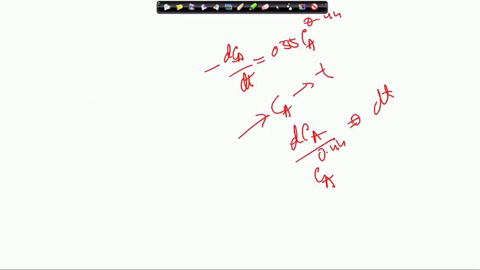Am I right? So, you can solve it and find the correlation between CA and T.